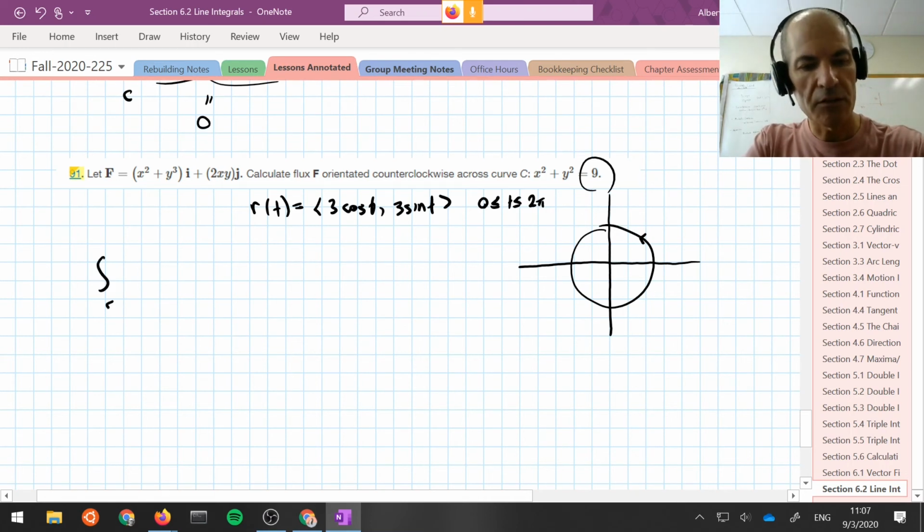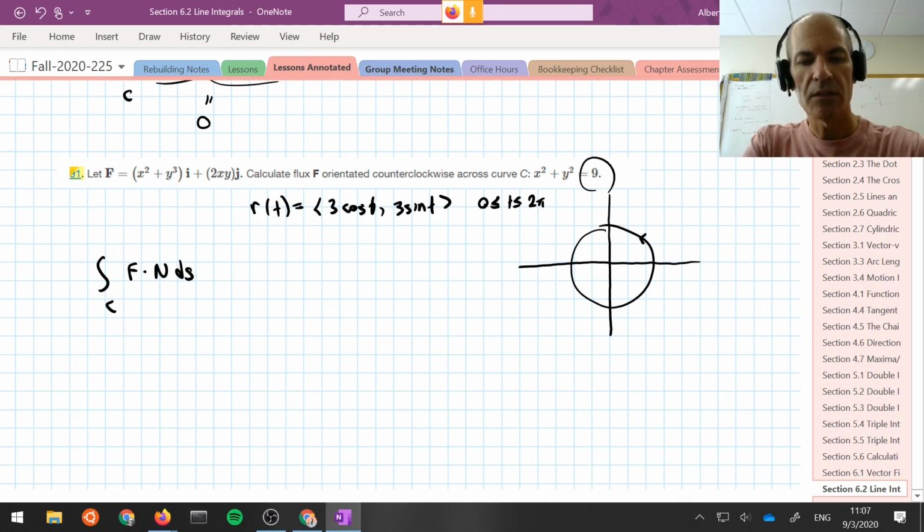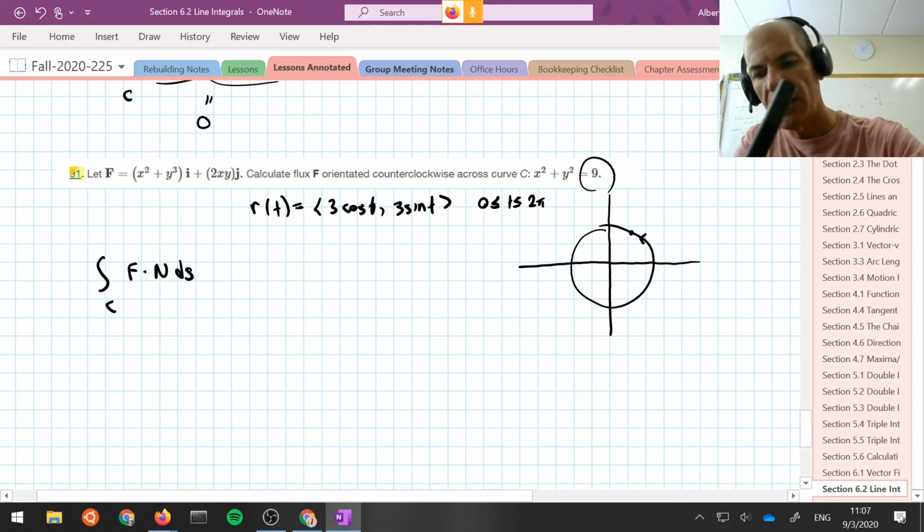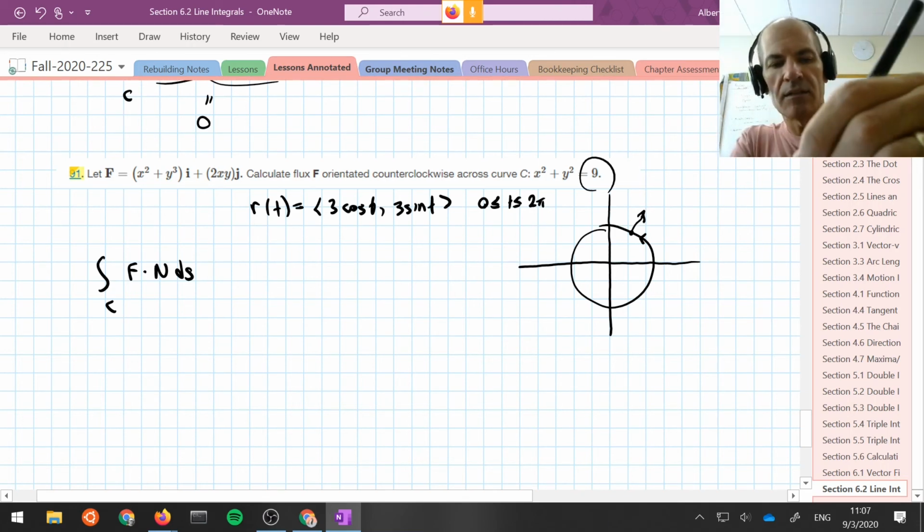Remember what flux is. It's the integral around C of F dot n ds. All right, if we're going to do all of this, we need a unit normal vector, and we need ds. The unit normal vector, once again, we can do this without calculating. If I'm at a point here, what is this point? It's <3 cos t, 3 sin t>. What's a vector that points normal to that and is a unit vector?